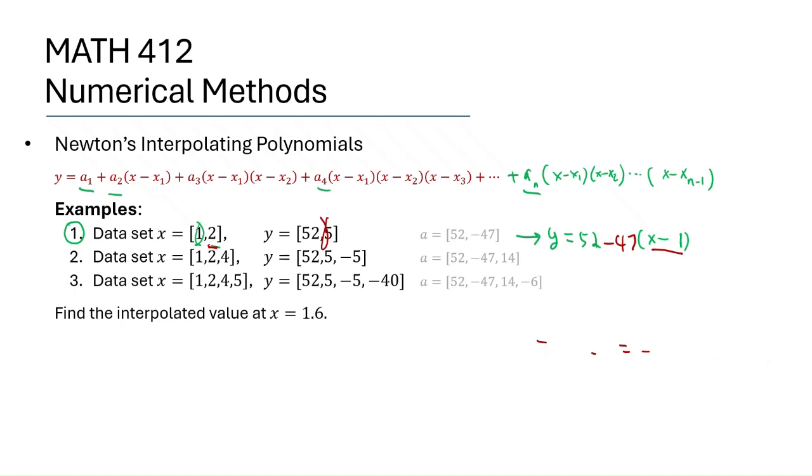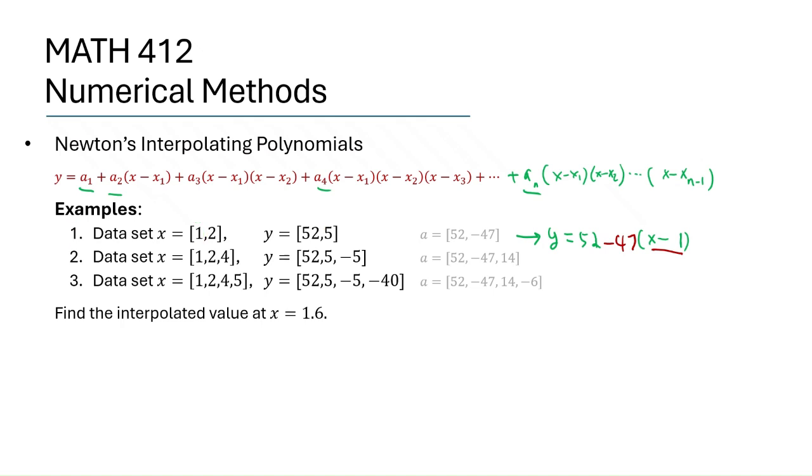Okay, my goodness, what's this? You will have to expand and combine like terms. It's negative 47, and oh my, that's 99 minus 47x. Okay, so y will be this. That's the fourth one.